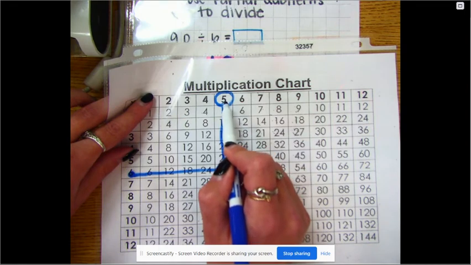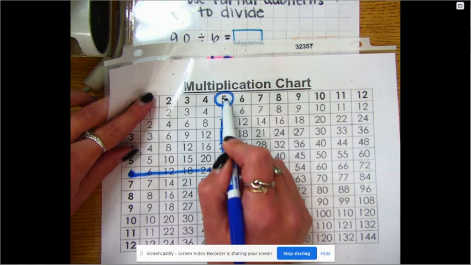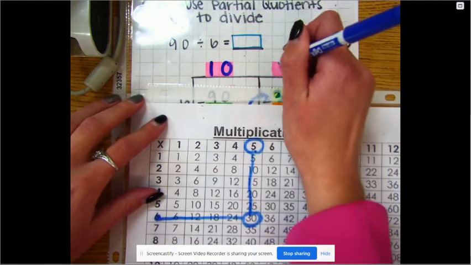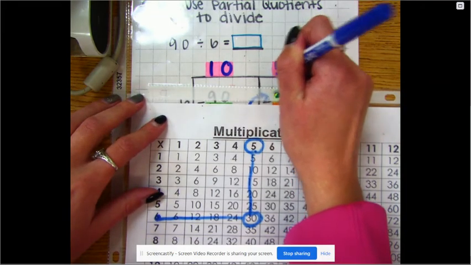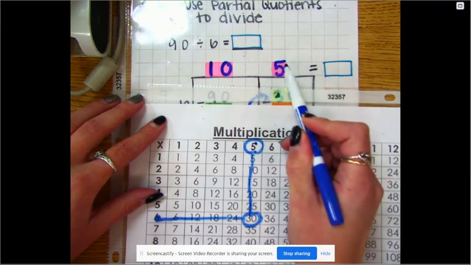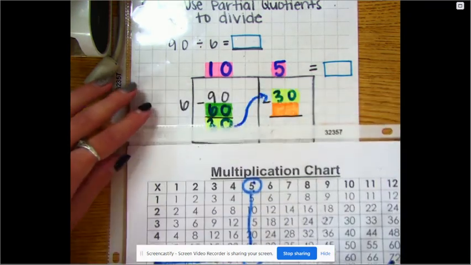Where is 5 on my multiplication chart? It's at the top. So if 5 is at the top, that's where it's going to go on my partial quotient graphic organizer. 5 goes on the top up here.